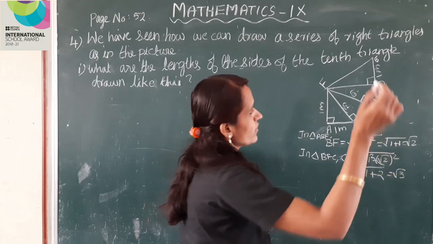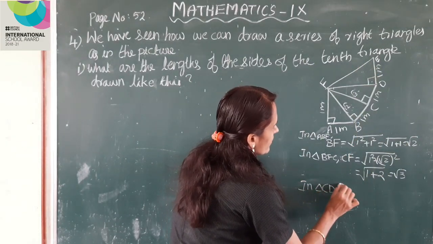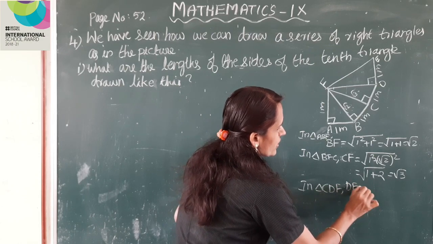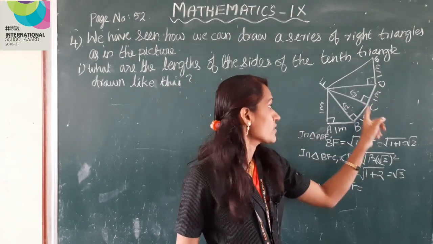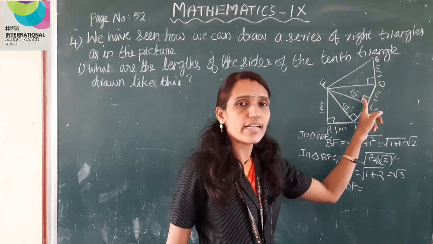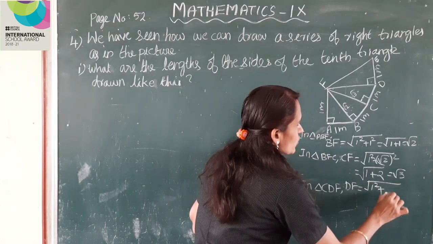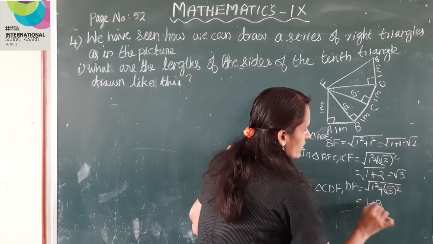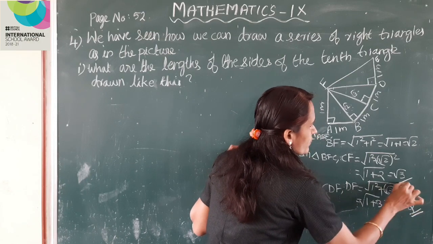Okay. Next, in triangle CDF, it is a right triangle. CD is 1 meter, CF is root 3 meter. DF is the hypotenuse of this right triangle. So DF is equal to, using Pythagoras theorem, base square plus altitude square, this is equal to 1 plus 3 is equal to root 4 is equal to 2.